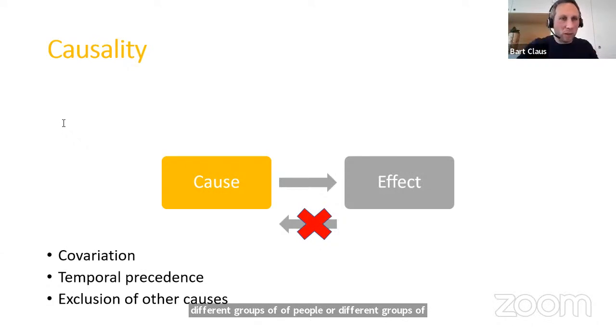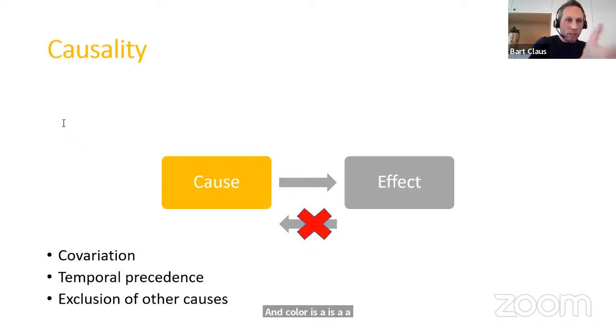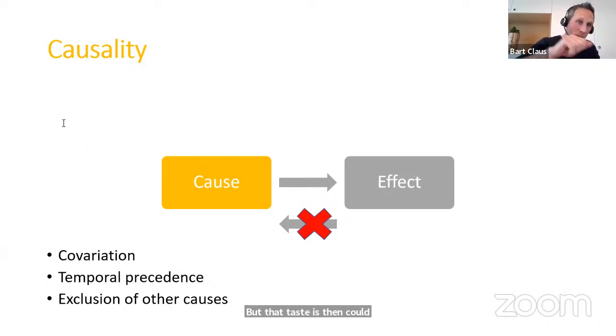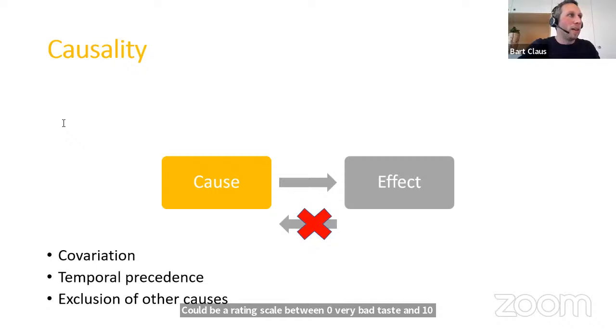The most obvious example is we can give people a drink with different colors, right? And color is a qualitative difference. And we can see how this affects the taste that people experience, right? But that taste could then be quantitative, right? Could be a rating scale between 0, very bad taste, and 10, excellent taste, something like that, right?